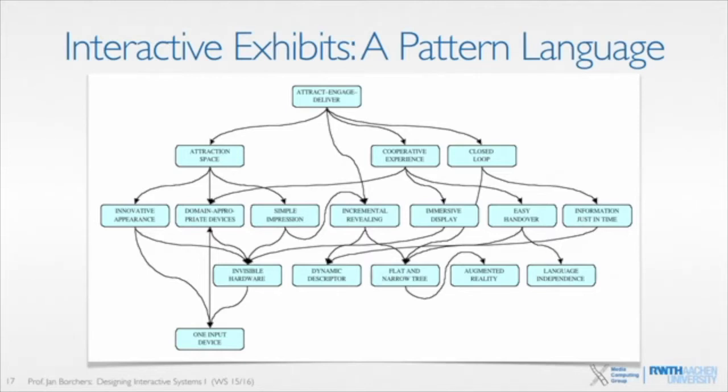To make sure that you slowly reveal complexity over time so people don't get overwhelmed. It's called incremental revealing. To hide your hardware so that people aren't confused or scared by complex devices, and to use, if possible, only one input device so people, especially at an exhibit, aren't overwhelmed with 15 different things they're supposed to be doing.